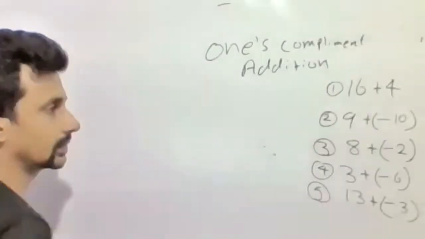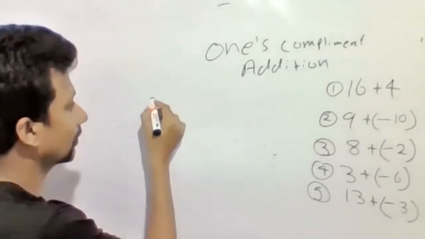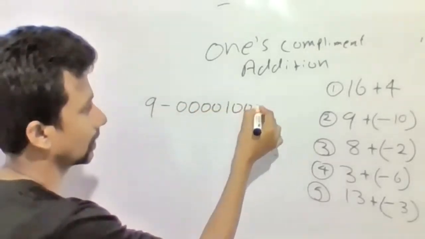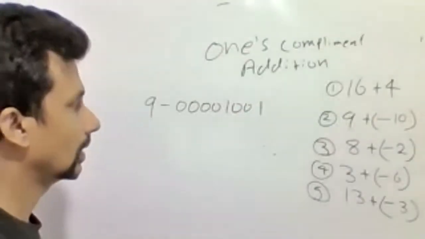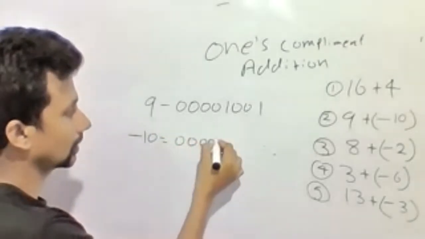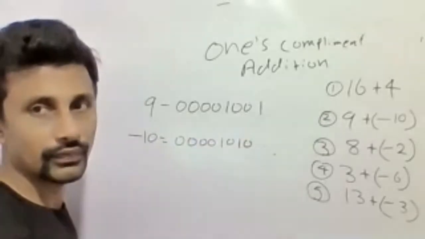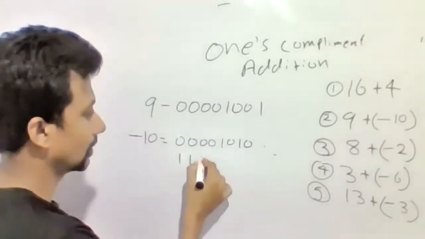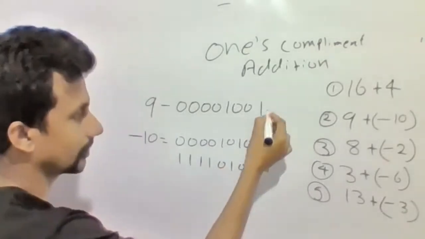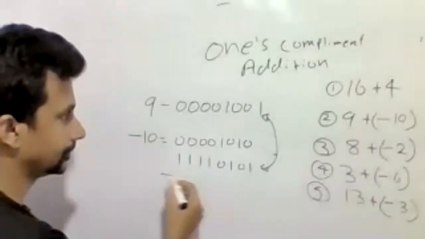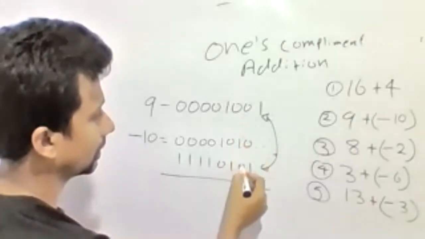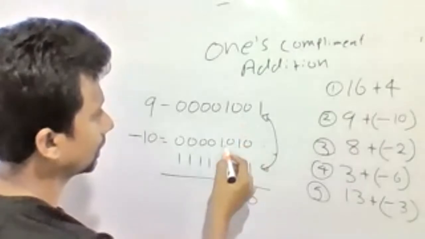Next one, 9 plus minus 10. 9 you have to find out. It is positive. This is 9. Minus 10: first you have to find out 10, then flip the bits, other side. And add these two together. 1, 1 you get 0. Here 1. Here also 1.